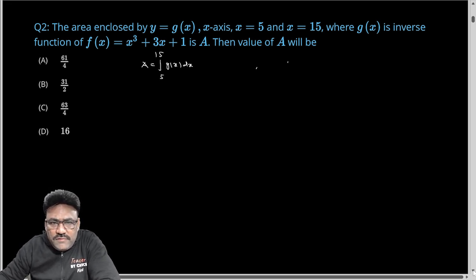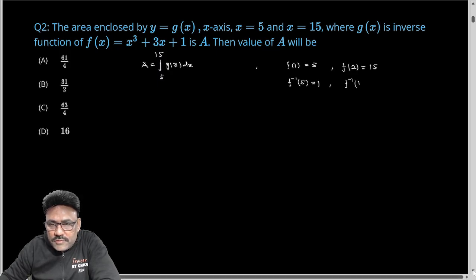Now you can clearly see from the given function, f(1) is 5 and f(2) is 15. So that means f inverse of 5 is 1 and f inverse of 15 is 2. And f inverse is nothing but g. So g(5) is 1 and g(15) is 2.